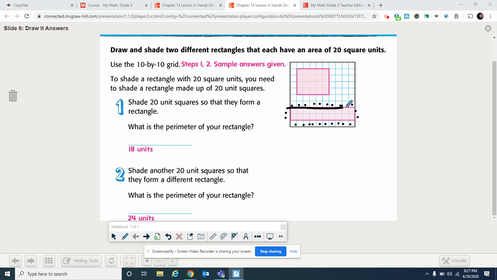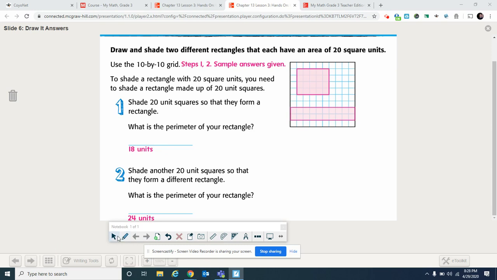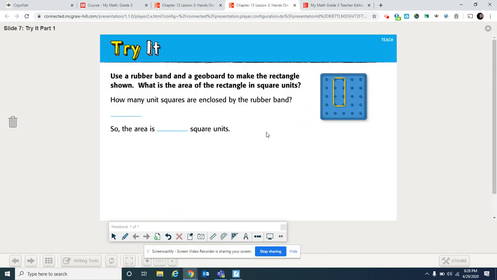So that means the outside of the rectangle, that is the perimeter. The perimeter is the outside of the rectangle. Did you get it now? Awesome. So let's move on to another example.